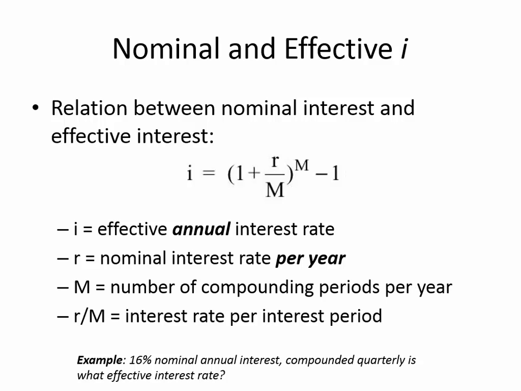All right, and we can see that that's just going to be 1.04 to the 4th power minus 1. And 1.04 to the 4th power is 1.16986, minus 1. So that is 0.16986, and if we express that as a percentage, that's 16.986%.